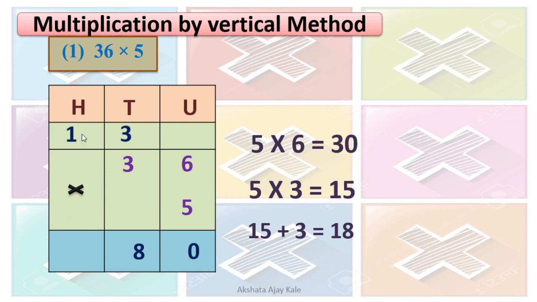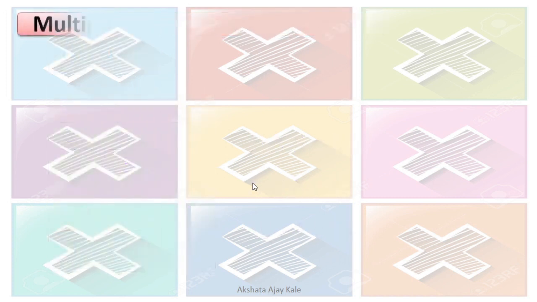And nothing is there, so 1 will come down and we will write 1 here. So the answer is 36 multiplied by 5 is equal to 180. Got this? If you are comfortable with this table, then you can follow this table method also. This is a vertical method by using the table. Okay. One more.